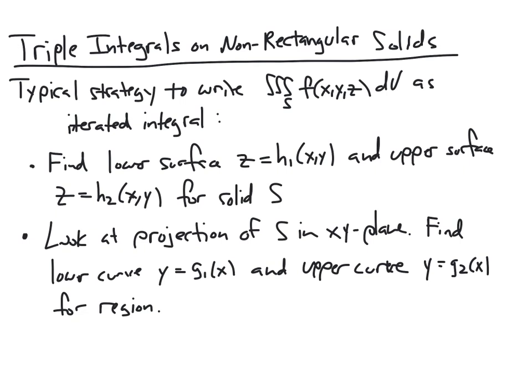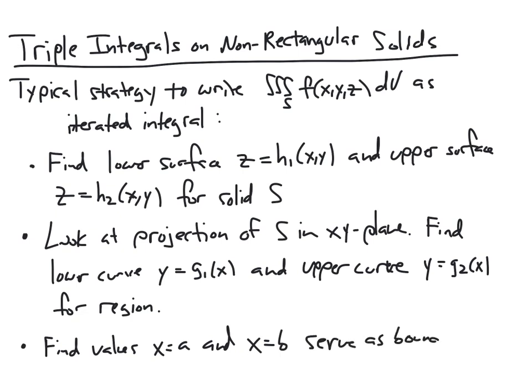All right, so we've handled the z direction, and we've handled the y direction now by looking at the upper and lower curves. And then we can find values x equals a and x equals b. So these are constants that serve as a boundary for the region, given our choice of upper and lower curves for y.